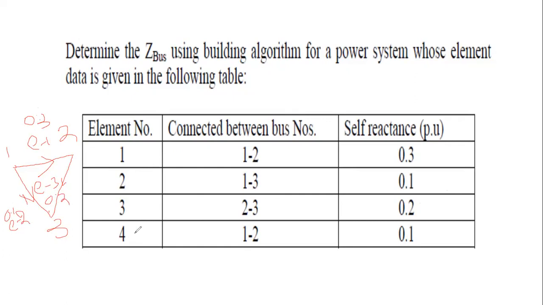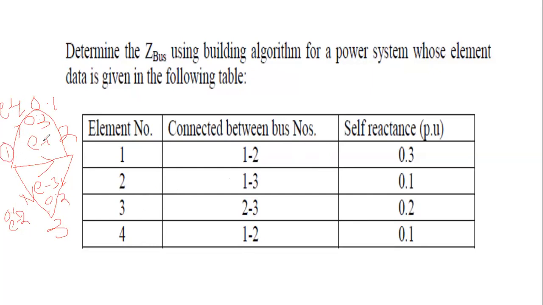Next, element 4 is connected between 1 and 2. This is element 4, between 1 and 2, and its value is 0.1. This is the graph for the given table.